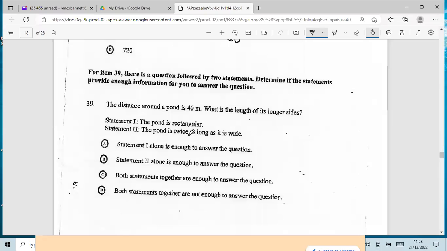Statement 2, the pond is twice as long as it is wide. A, statement 1 alone is enough to answer the question. B, statement 2 alone is enough to answer the question. C, both statements together are enough to answer the question. D, both statements together are not enough to answer the question.